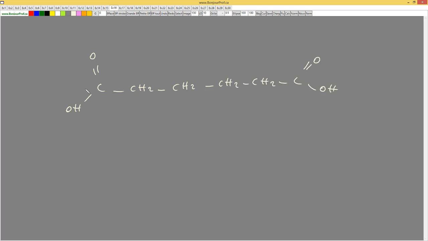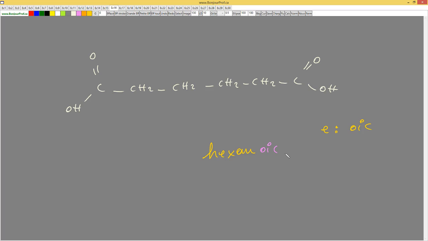So how many carbons do I have? 1, 2, 3, 4, 5, 6. So it will be hexane. But as we said, the E must be changed to oic because it is an acid. It will be hexanoic.